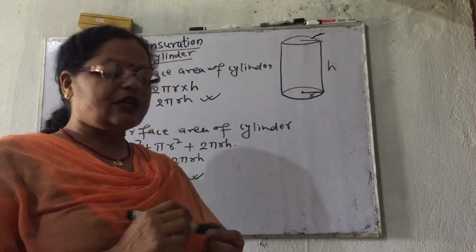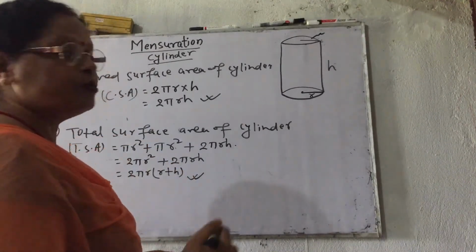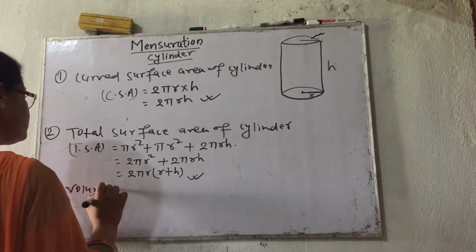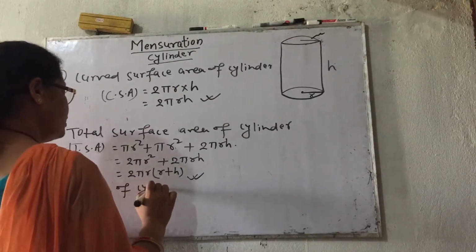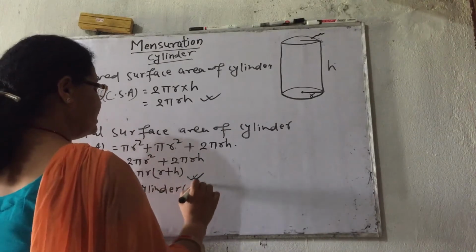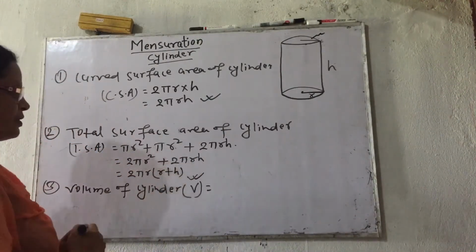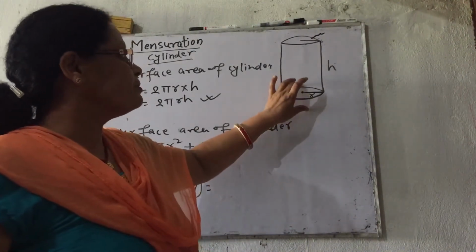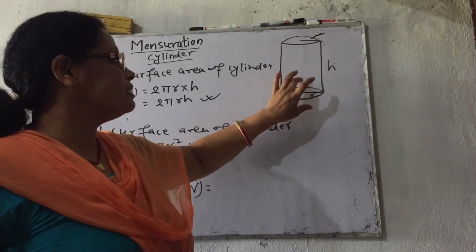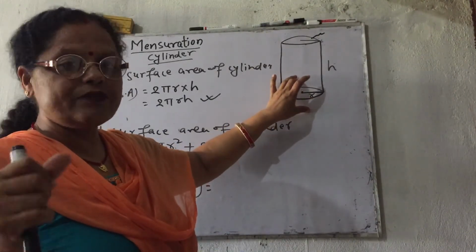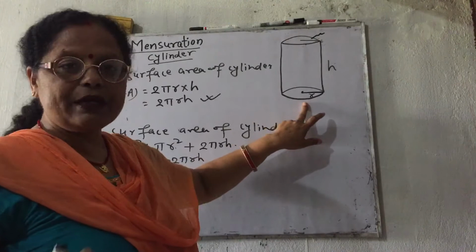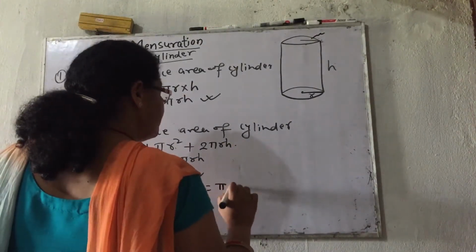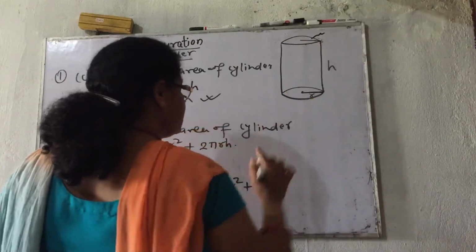Okay. Now third, we have to find out its volume, means volume of cylinder. Volume of cylinder is denoted by V equal to. Volume of cylinder means what will be the area of this part? Area of this part, that means circle. Area of circle will be pi r square, into height of the cylinder.